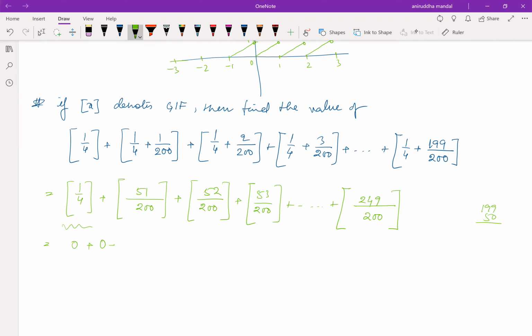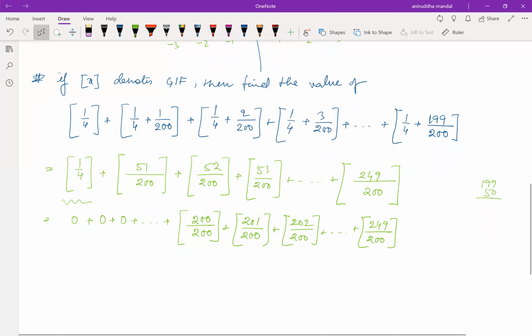This is also 0, this is also 0, so it will continue till the value 200/200, then 201/200, then 202/200, and so on up to 249/200.